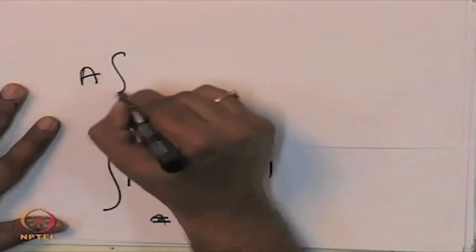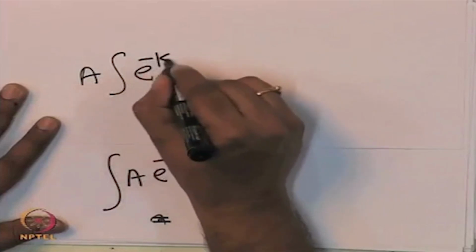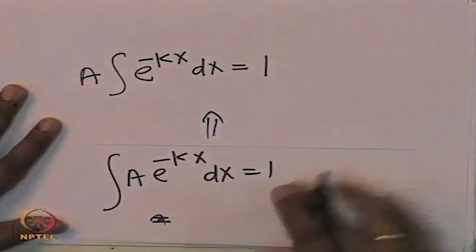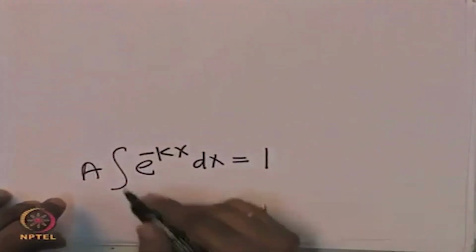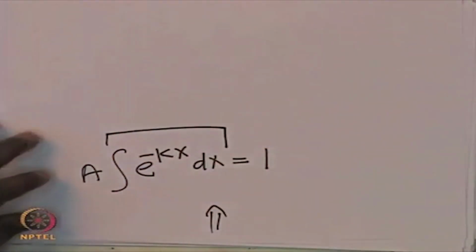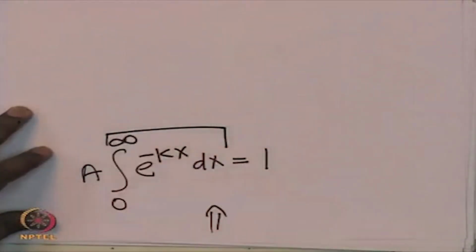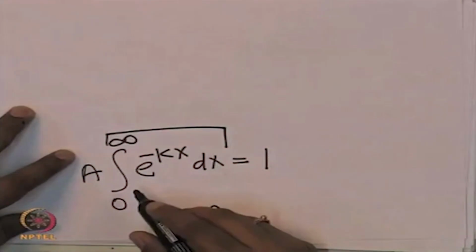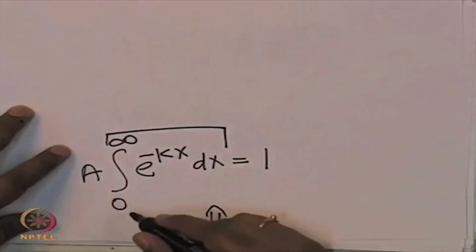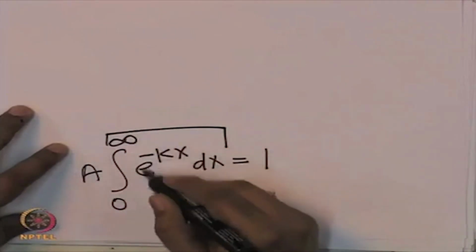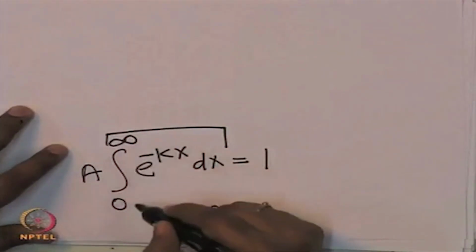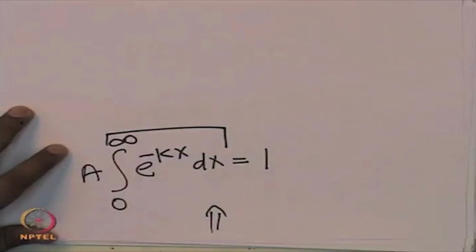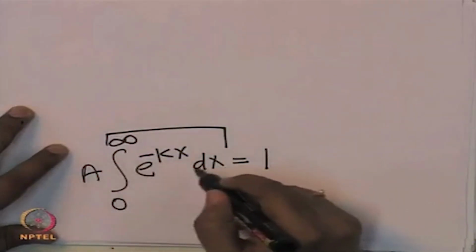So, a times the integral of e power minus kx dx equals 1. What is the limit? The limit is 0 to infinity, because the length of a microtubule is typically between 0 and infinity. It can't go negative. The time you have to wait typically cannot go negative either. So, the integral is from 0 to infinity.